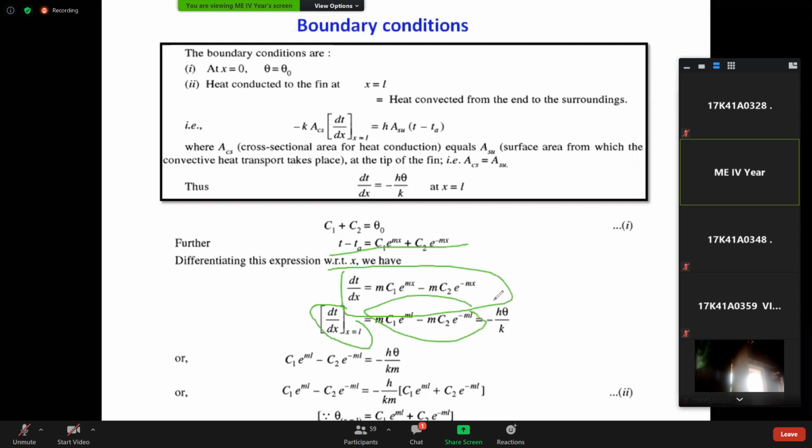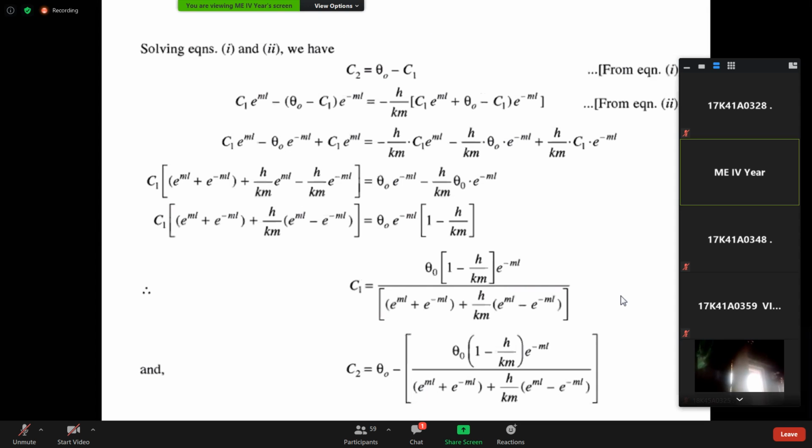But instead of equating it to 0 as in the previous case, in this case we have some constant value, and for that value this is the way we have to calculate. A step by step procedure has been given. You are supposed to do it. It is a little time consuming only, but it is not tough. Keep that in mind.